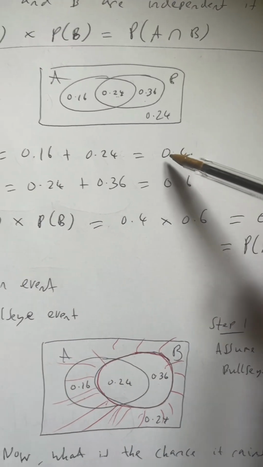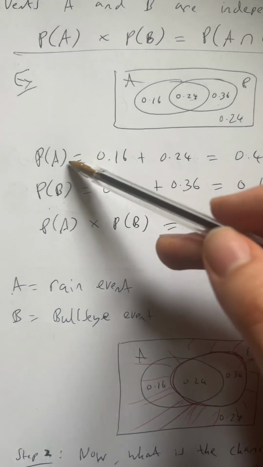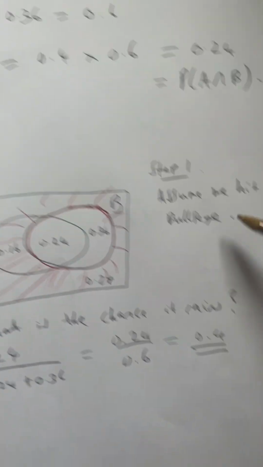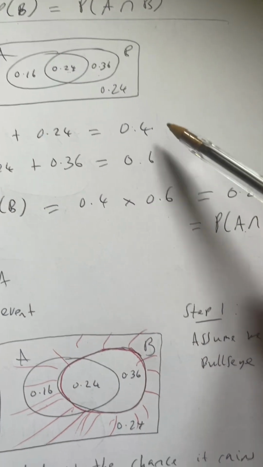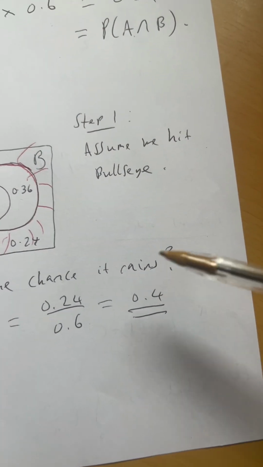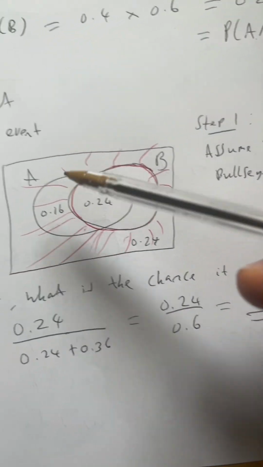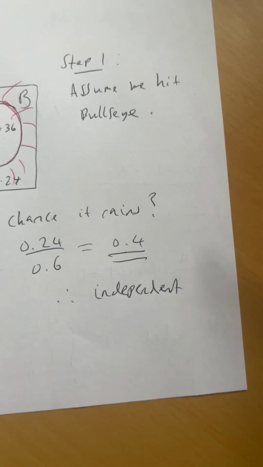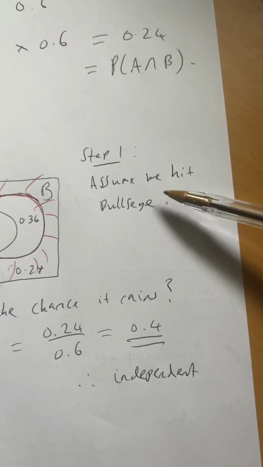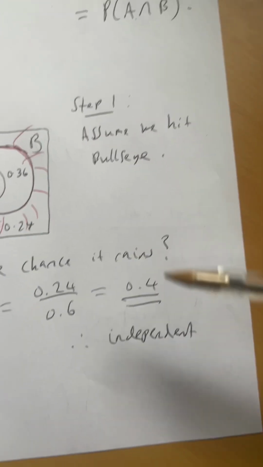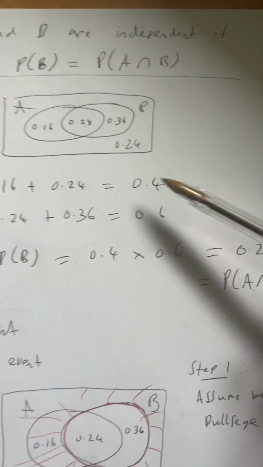Now notice how that 0.4 is exactly the same as the original probability of raining. Before we even worried about hitting the bullseye, the probability of raining was 0.4. And even though we did hit the bullseye, the probability of raining has not changed. So that tells us that these events are independent, because getting a bullseye on the dartboard has not changed the chance of it raining.